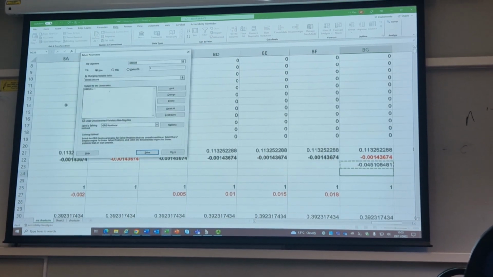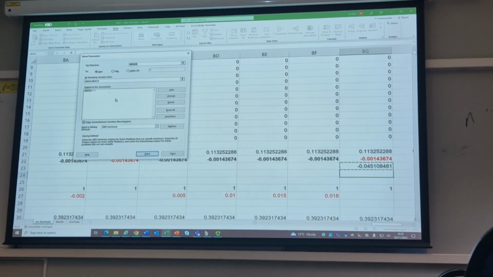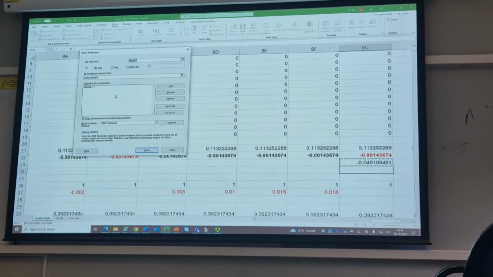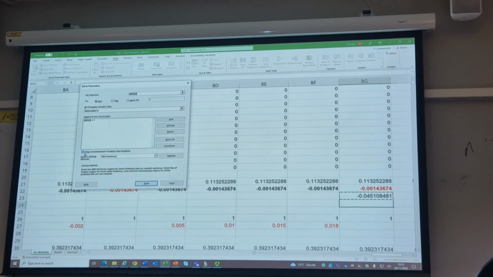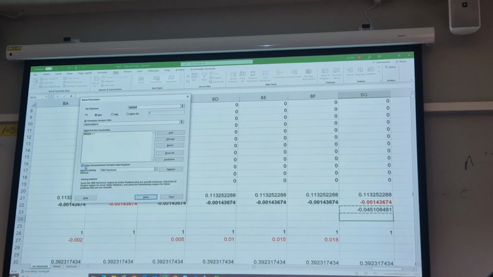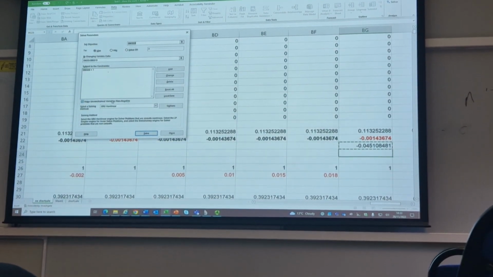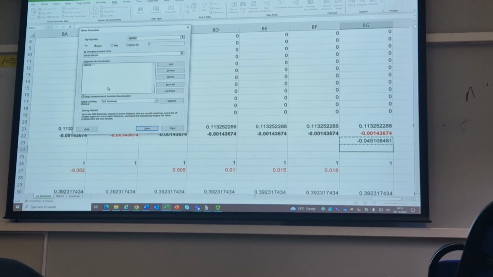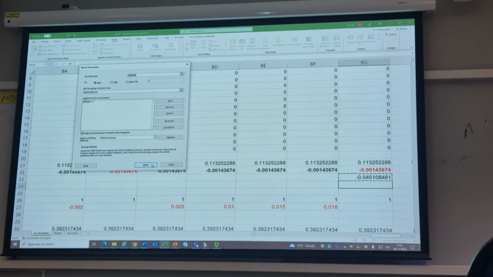The second constraint is that the weights of each asset need to be positive. In Excel, we can just tick the box, make unconstrained variables non-negative. When we tick the box, it means that the weights are constrained to be positive. And then solve.